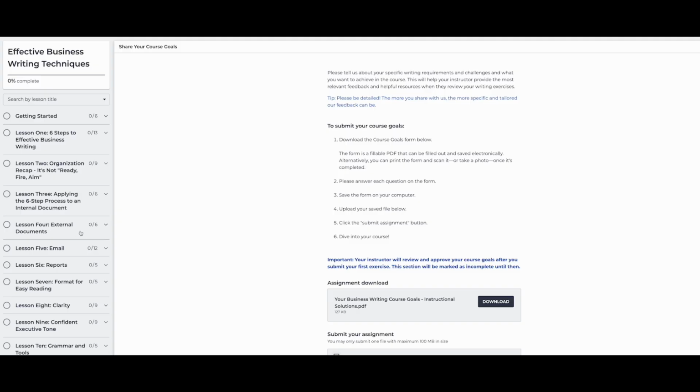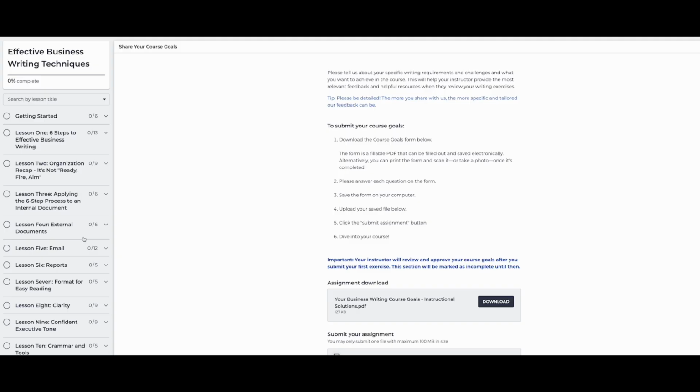From there, lessons 4, 5, and 6 are the practice portion of the course. So we look at actual documents, typical documents, and you will write them and receive feedback on your writing. So this is very much the pragmatic roll up your sleeves and write portion of the training. By the time we're done with the process work and this practice, your documents are substantively hugely improved.